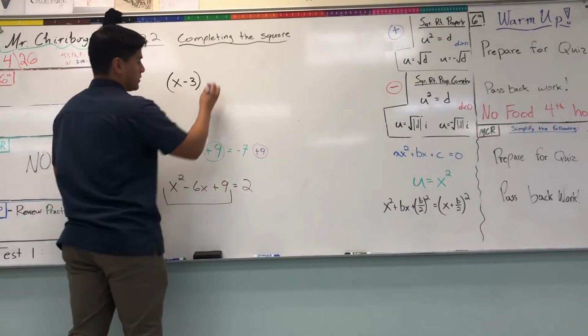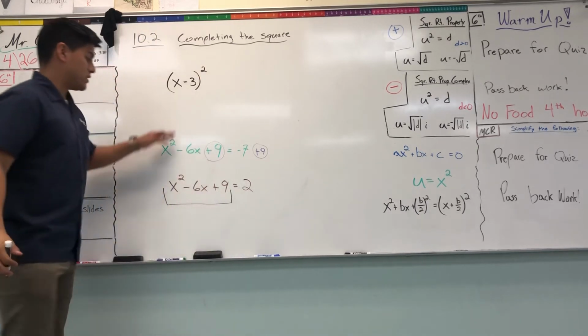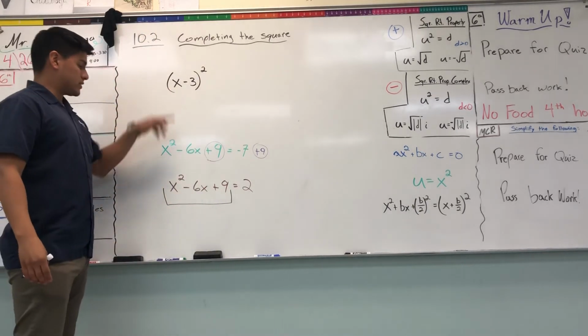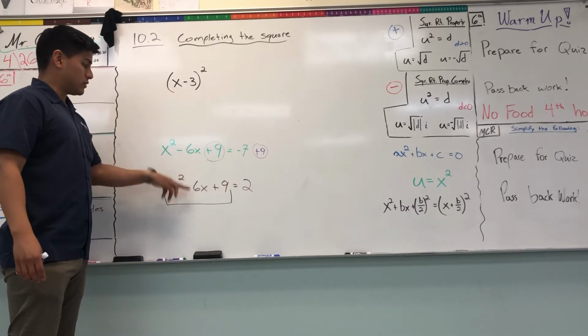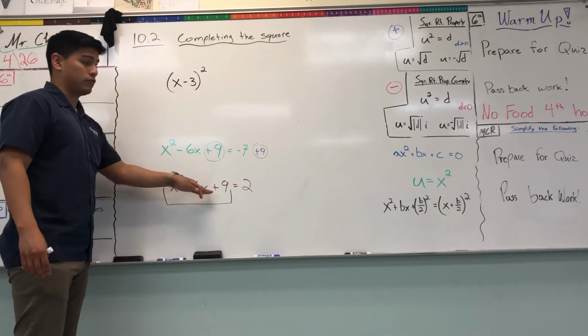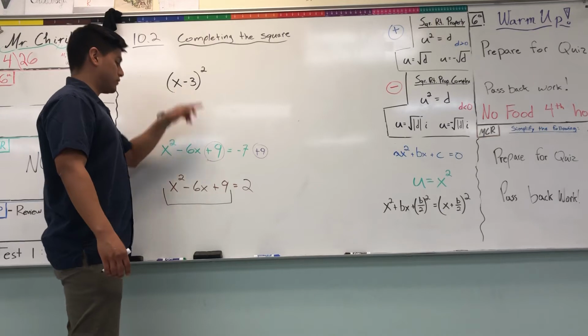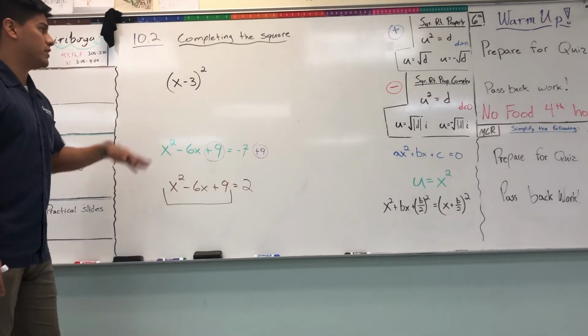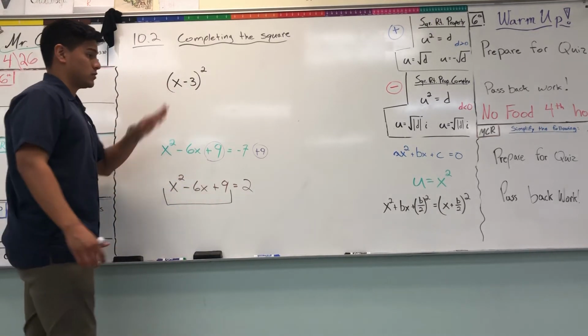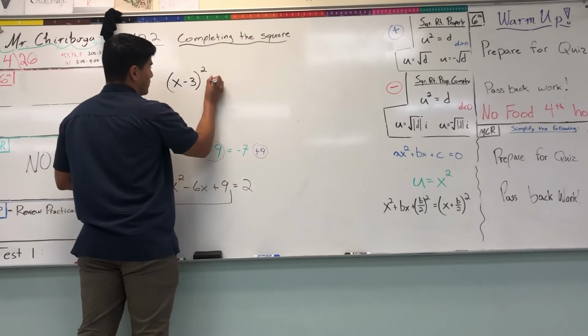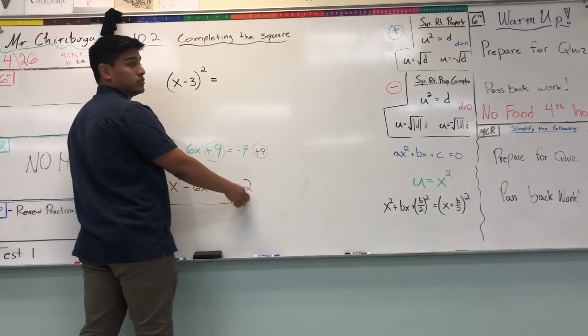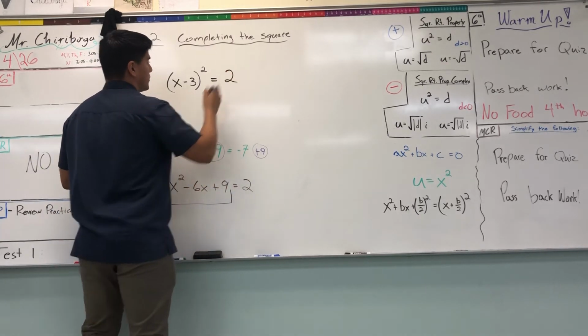Negative 3 squared, right? And if we try it, x times x is x squared, x times negative 3 is negative 3x, negative 3 times x is negative 3x, which makes negative 6x, negative 3 times negative 3 is 9, right? If we were to FOIL this, we would get this. So we have this factored form now, and we make it equal to 2.